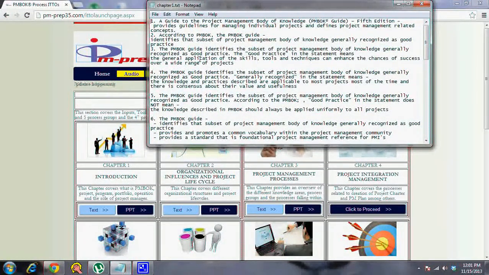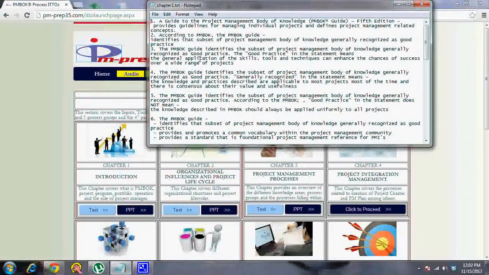So the PMBOK provides management guidelines for different projects, and there is nothing hidden in this, but I just wanted to highlight this part. The PMBOK guide identifies that subset of the project management body of knowledge generally recognized as good practice.